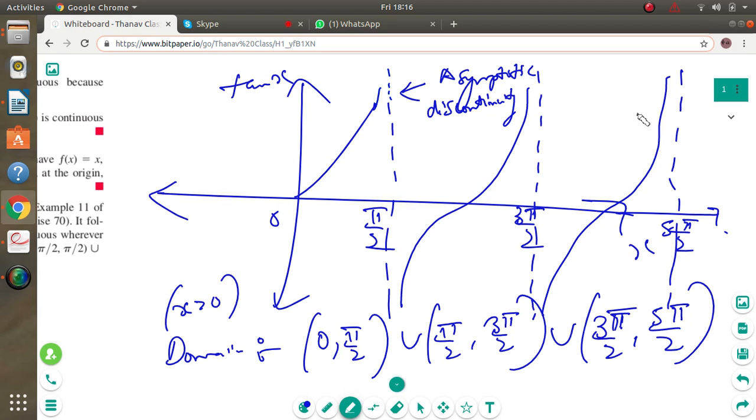No, we can say actually limit x tends to pi by 2, not 0, and tan x is not defined. It is actually 1 by 0, not defined. 1 by 0, we draw the graph like that.